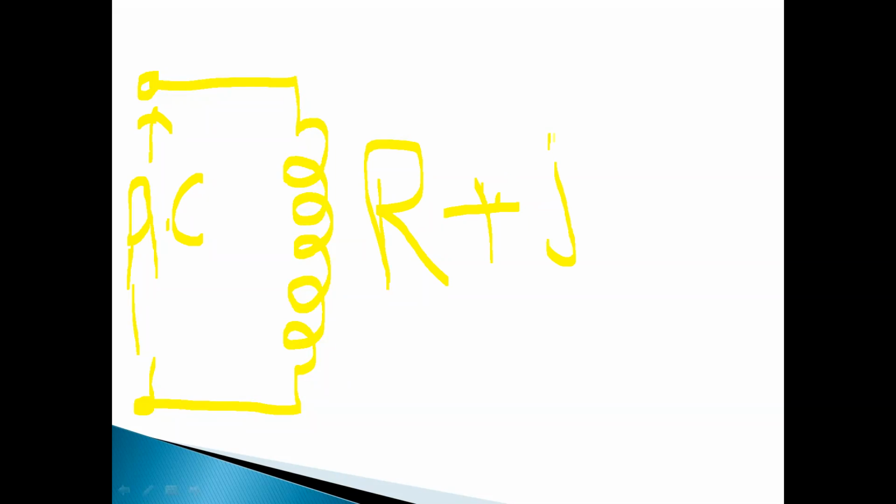If you give DC supply to this coil, the circuit represents only resistance. But if you apply AC, alternating current, to this coil, the coil has resistance plus reactance X. So the coil has some impedance, impedance equal to resistance plus reactance.